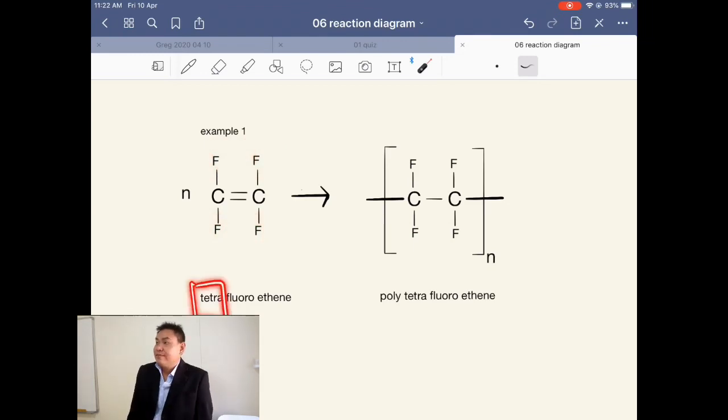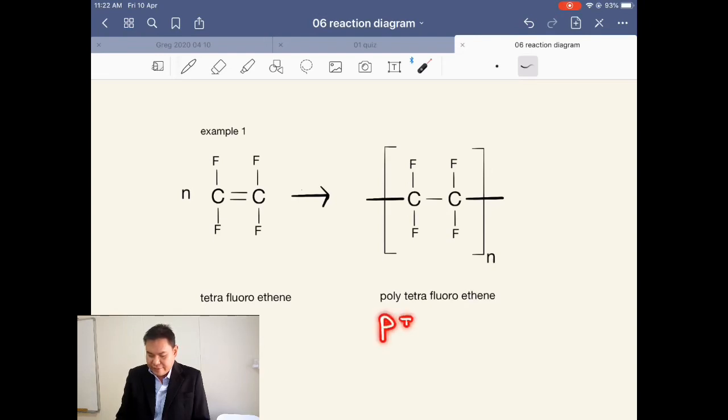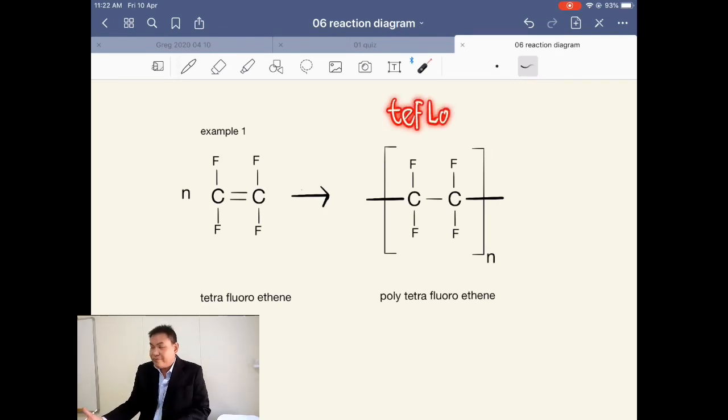What is polytetrafluoroethene? It's also called PTFE. In the market, it's called Teflon. And what is Teflon? Teflon is the black substance, the one that is used on the frying pan, right? To make it a non-stick frying pan.